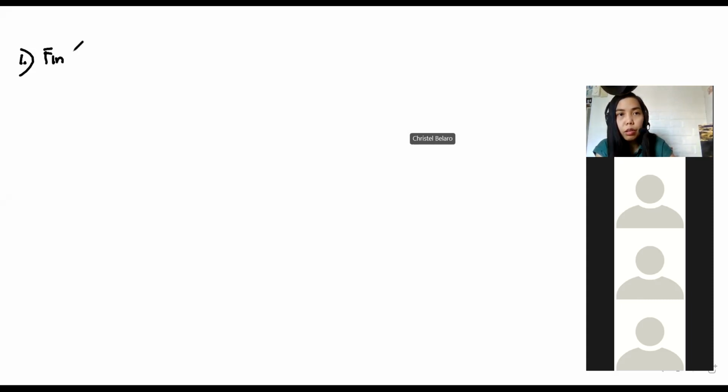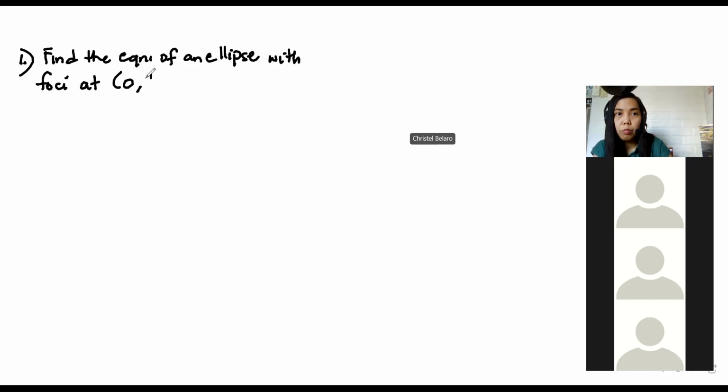Find the equation of an ellipse with foci at (0, ±4) and a vertex at (0, 6).